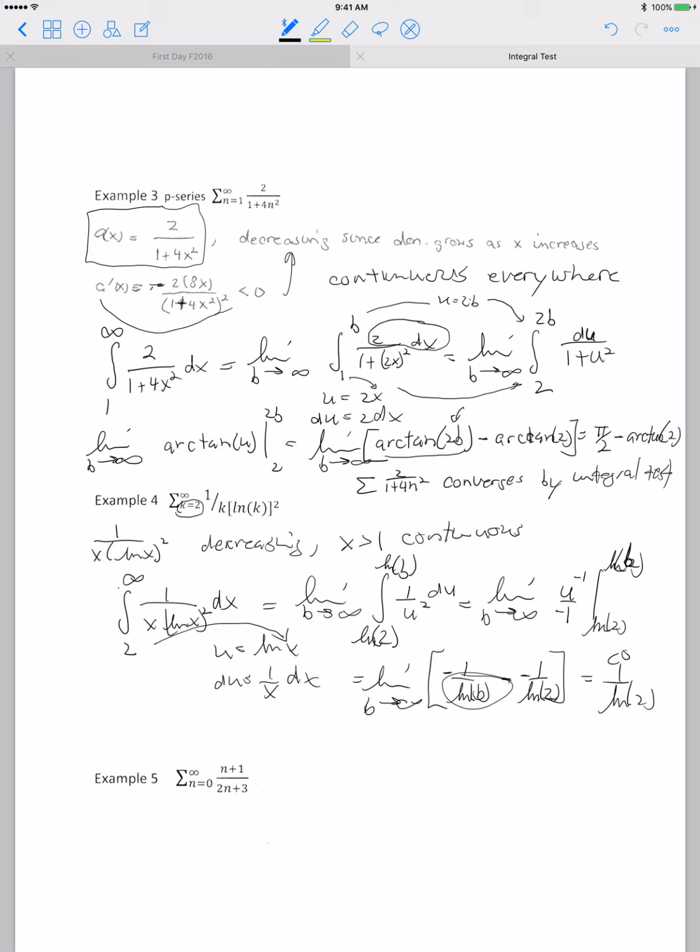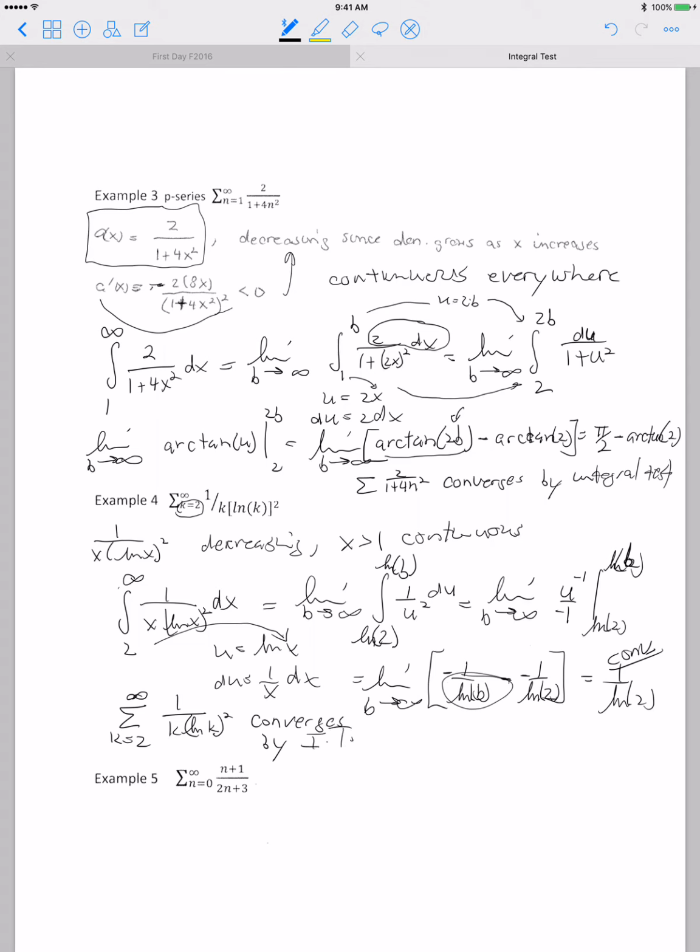So the improper integral converges. Therefore, this series, k equals 2 to infinity, 1 over k natural log k squared, converges by the integral test.